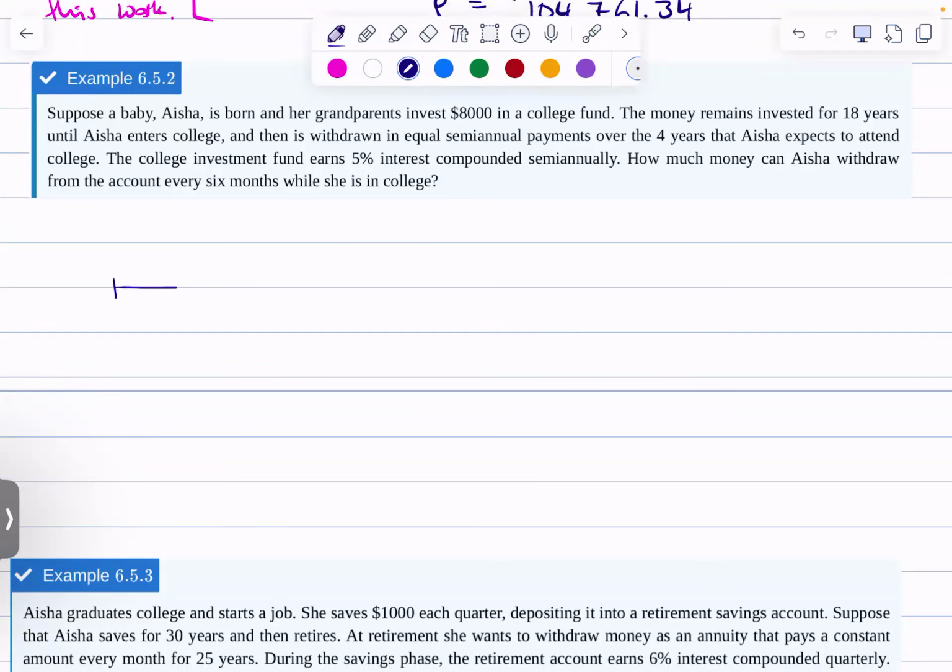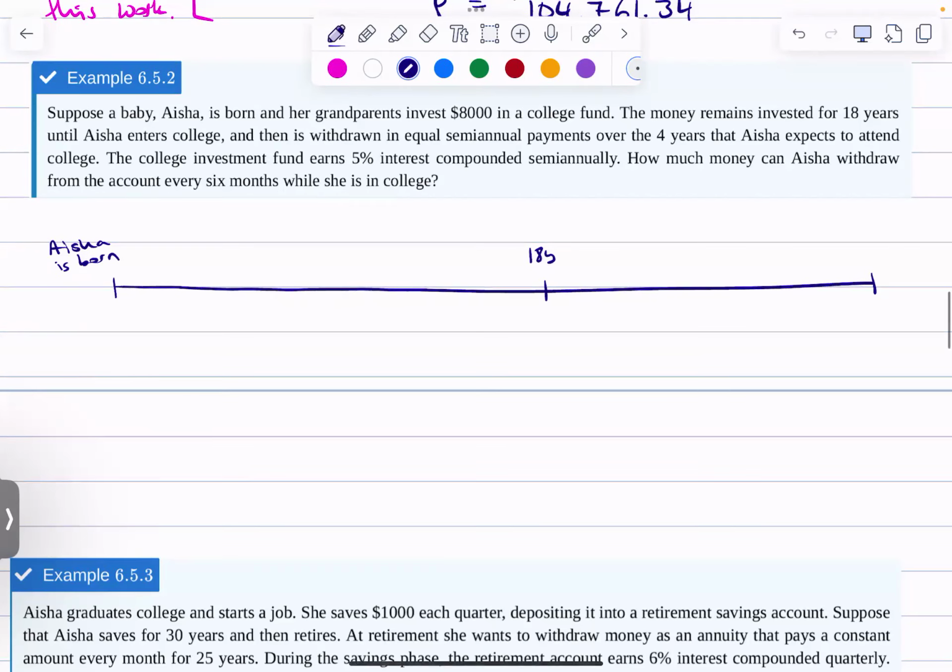So we've got this long timeline, and Aisha is born there. Probably not today, but Aisha is born there, and then 18 years later, there's a change to this money. All right. So what happened?